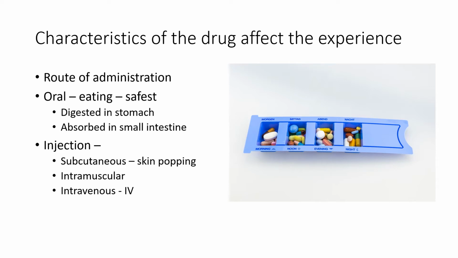Sometimes in the older literature, they refer to drug eaters, even though they're talking about dissolving the drug in a liquid and then swallowing it, something we would call drinking. Oral use is probably the safest because part of the drug is broken down and digested in the stomach, and then it is absorbed in the small intestine.